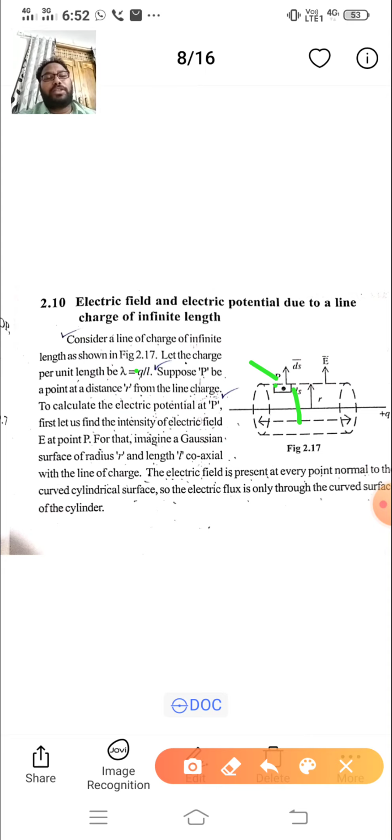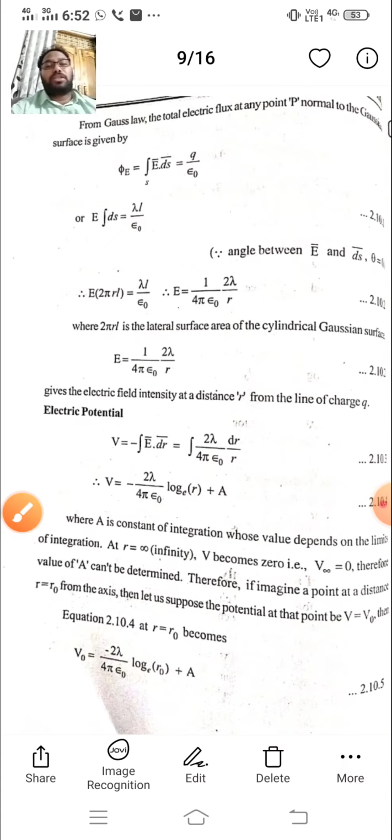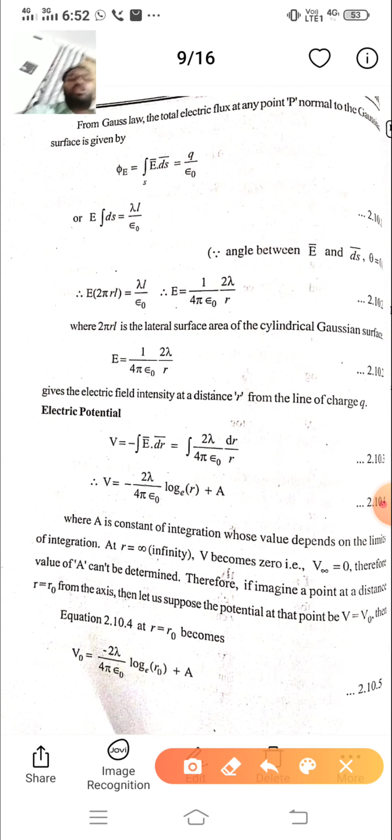The electric field is represented at every point normal to the curved cylindrical surface, so the electric flux is only through the curved surface of the cylinder. By the definition of flux, phi equals integral of E dot ds. By the definition of linear charge density, lambda equals Q by L, so Q equals L lambda.